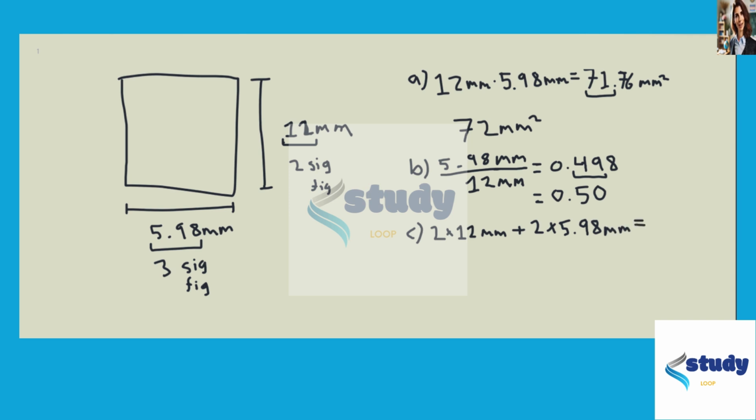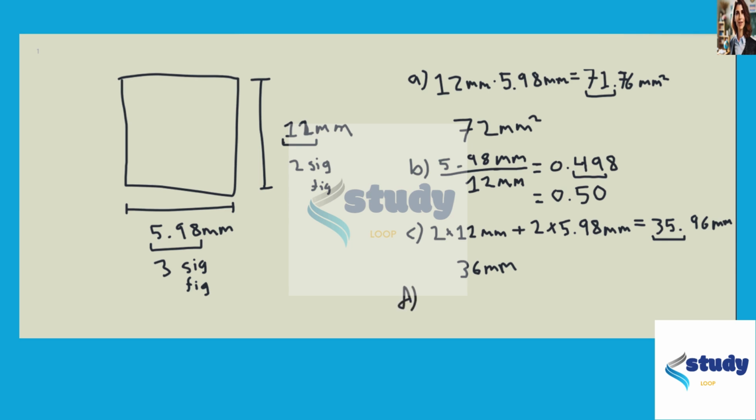And that gives us 35.96 millimeters. And we go with the lower significant figure, which is the first 2 values. And so we round up again, giving us 36 millimeters for our perimeter.